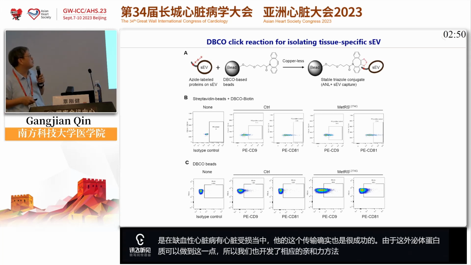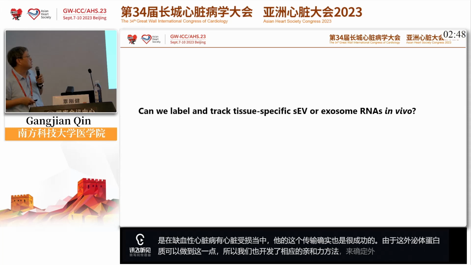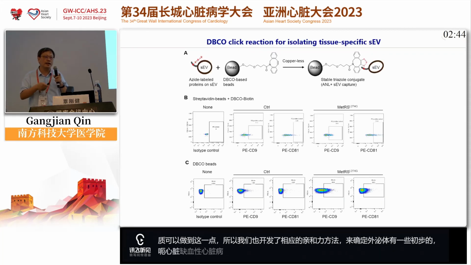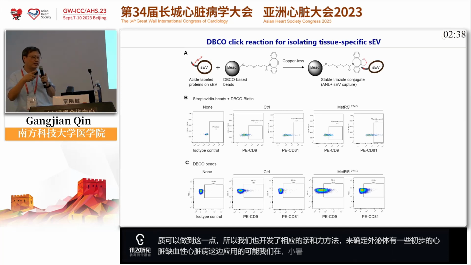So our approach for the tissue-specific exosomes, one is in the mice through these transgenic mice, producing this click-reaction-based isolation of exosome-specific proteins.